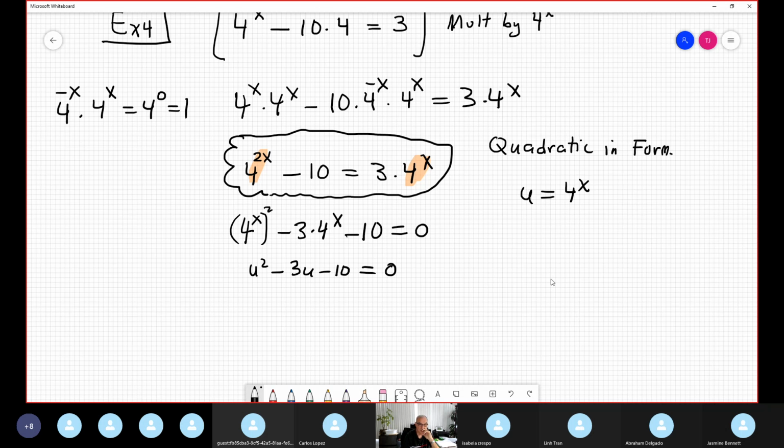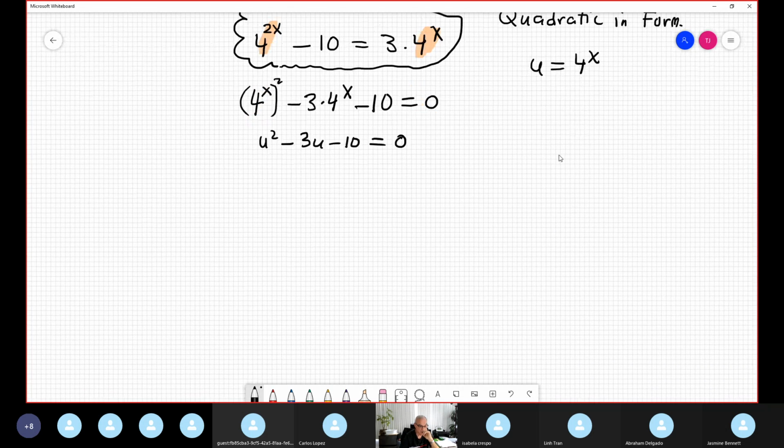And you solve the quadratic equation by quadratic formula or by factorization. In this case, factorization is good because the combination is 5 and 2. Because 5 times 2 is 10, and 5 minus 2 is 3. What sign? Well, minus 5 and plus 2.